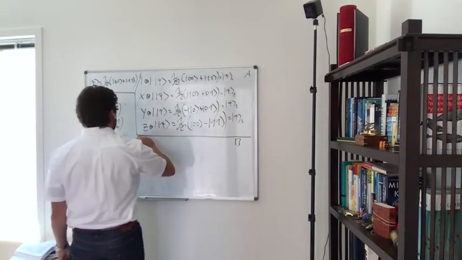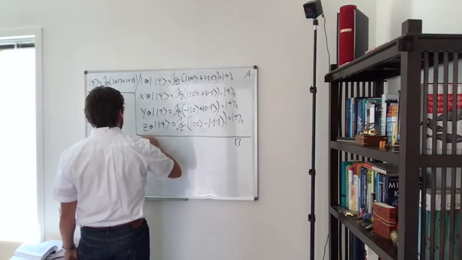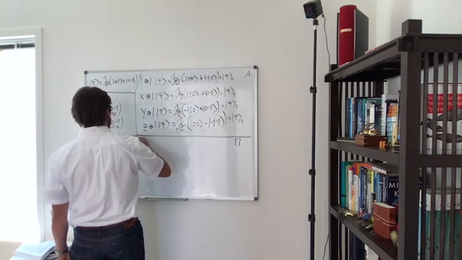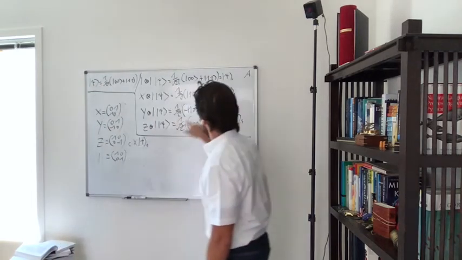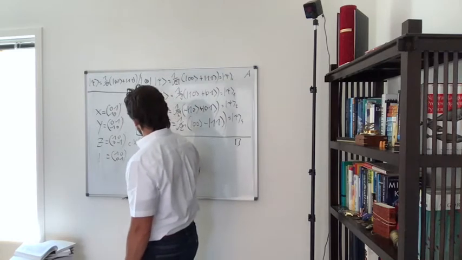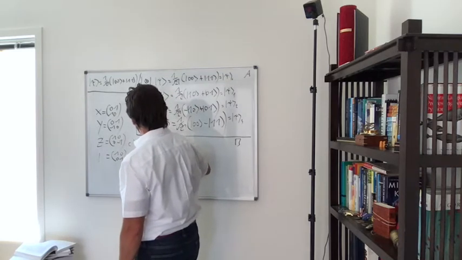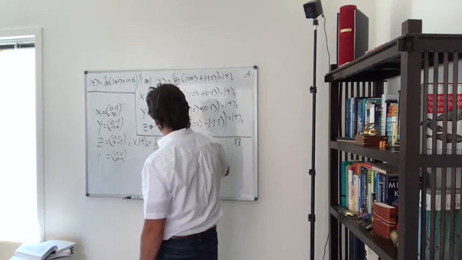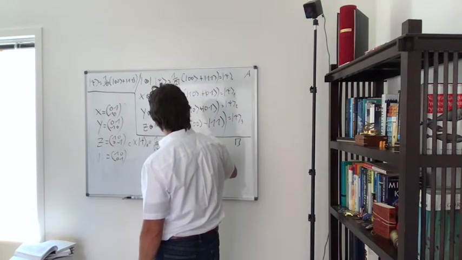So let's take psi 0 first. If Bob now applies a controlled NOT operation to the state psi 0, then the result will be 0, 0 plus 1, 0.